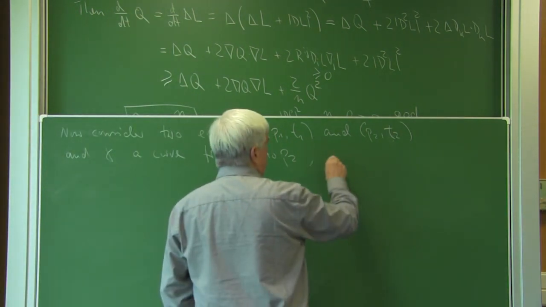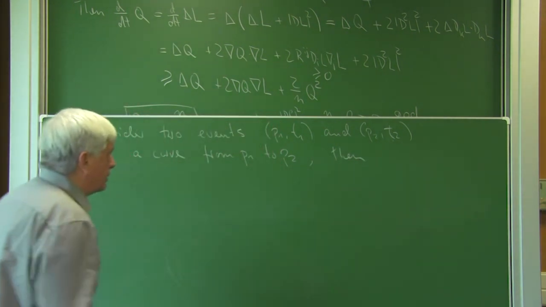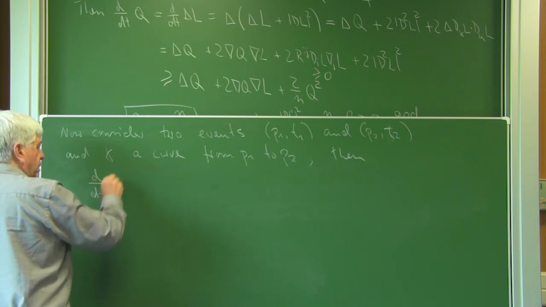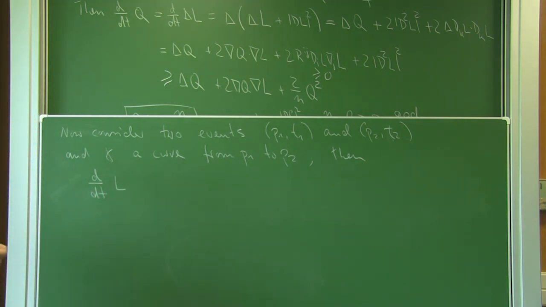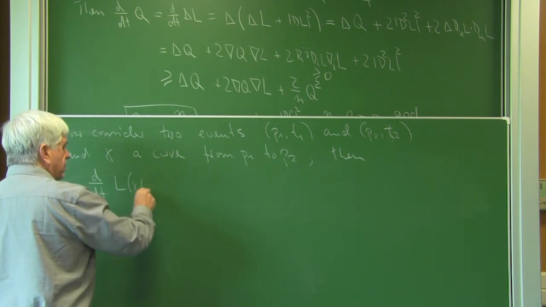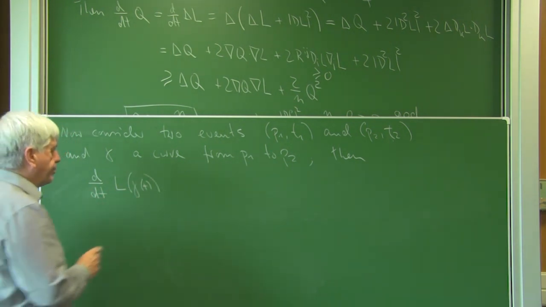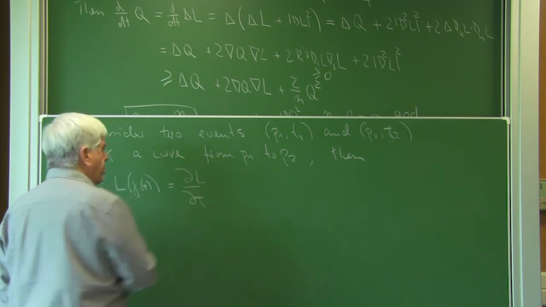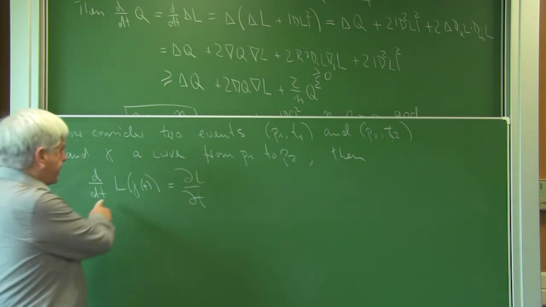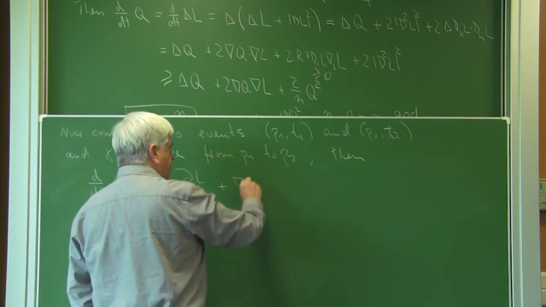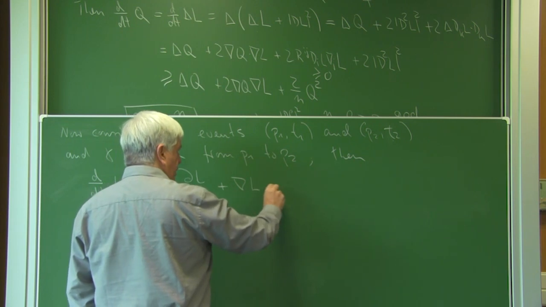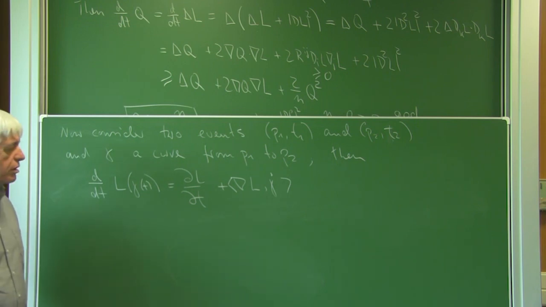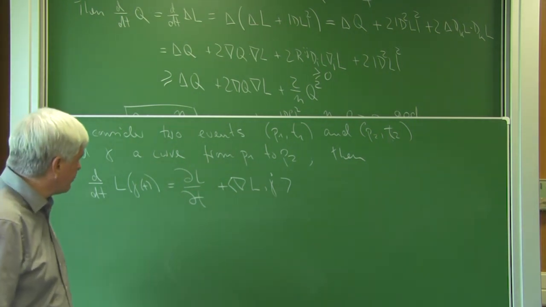And then we can compute the derivative of L along this curve gamma in terms of the partial derivative of L with respect to t, but then we also get an extra term where the gradient of L is differentiated by the chain rule in the direction of the curve gamma.